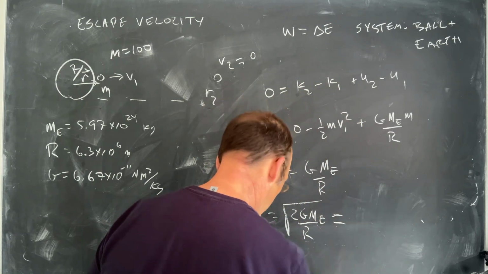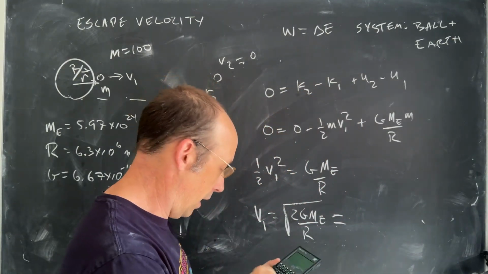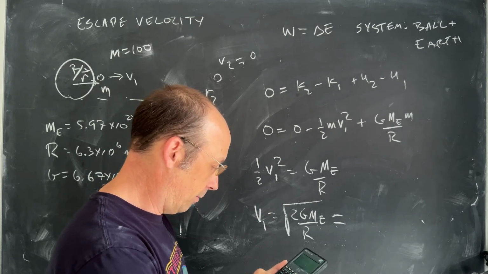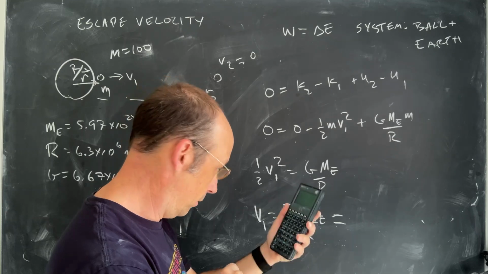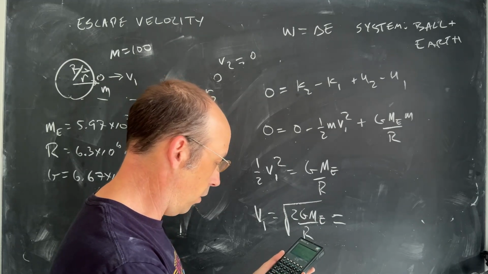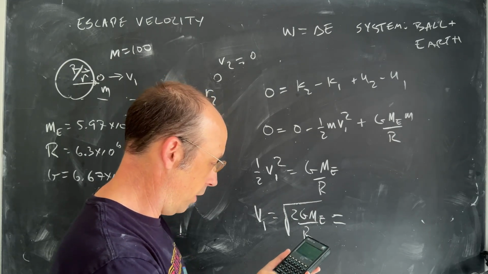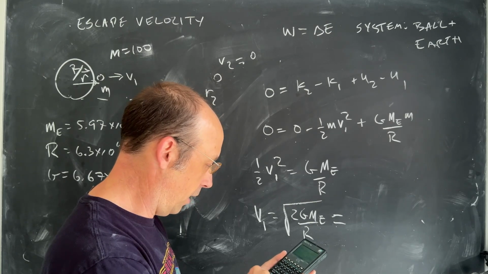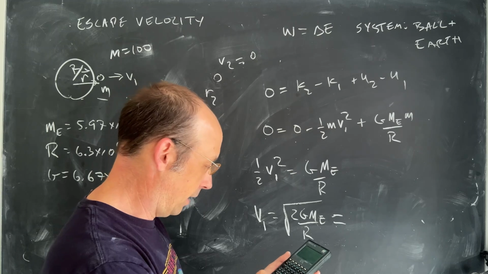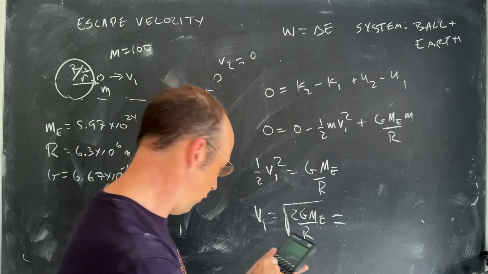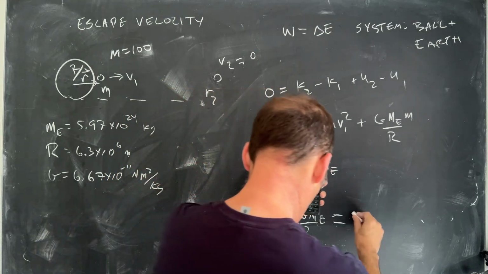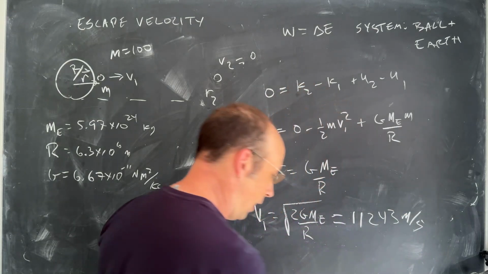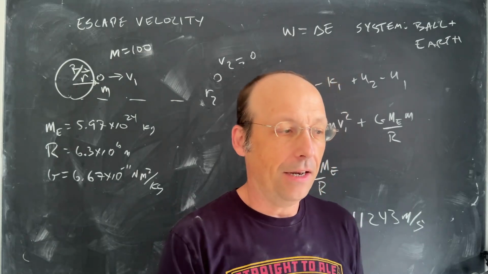Okay. 2, enter. 6.67 times 10 to the negative 11th times 5.97 times 10 to the 24th times 6.3 times 10 to the 6th divided by, square root. I get 11243 meters per second. Okay. Let's go back and put that in Python, see what happens.